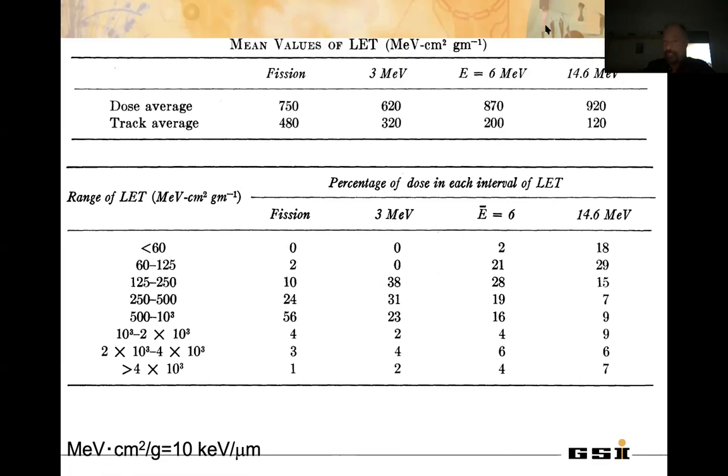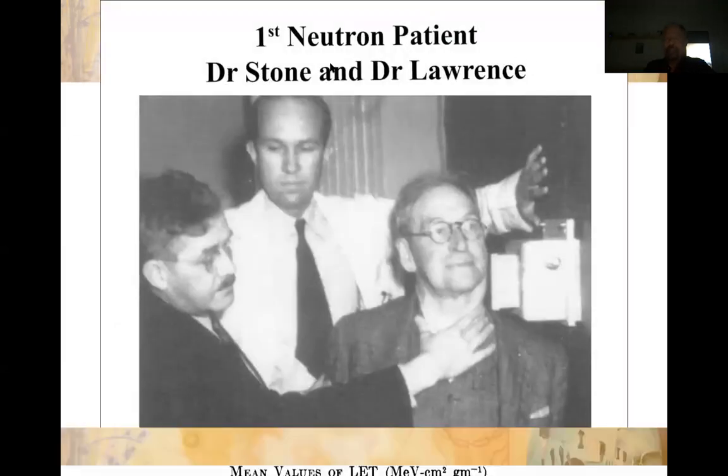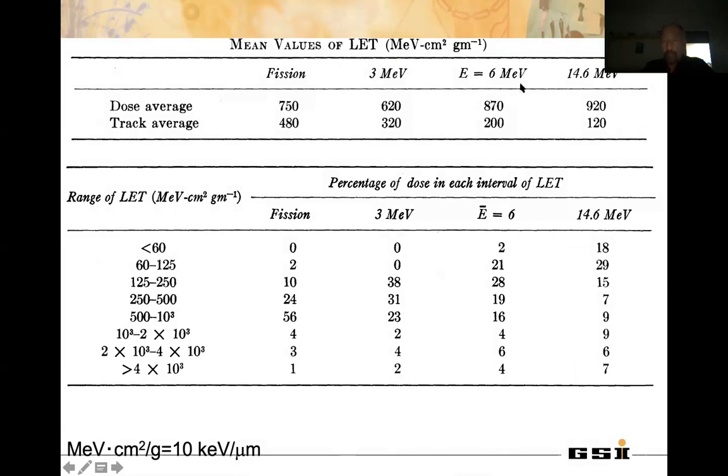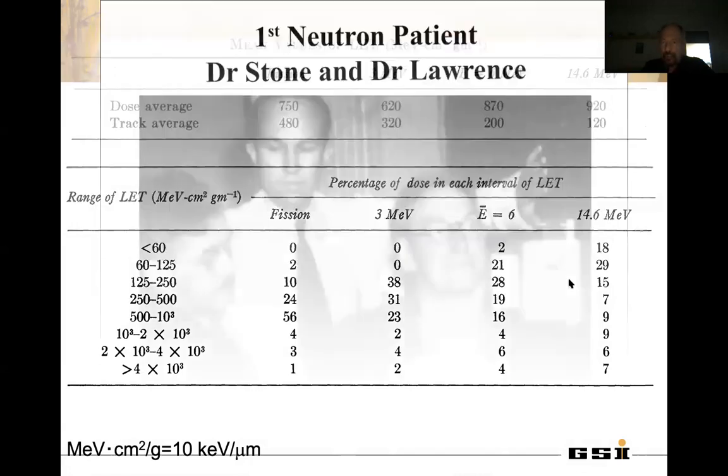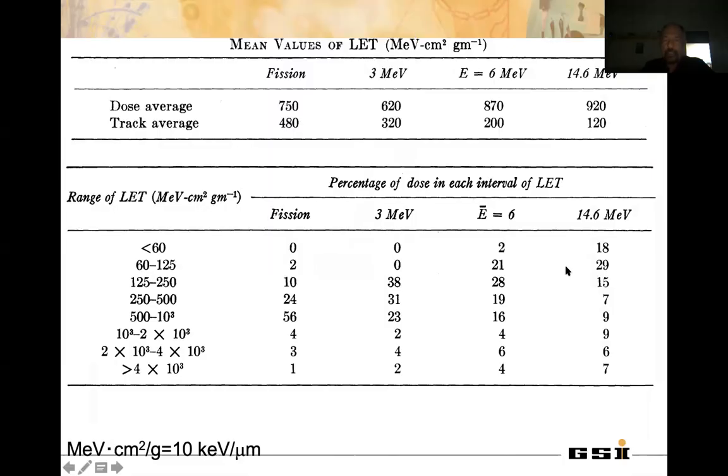The unit here, make no mistake, is MeV per gram per square centimeter. So this means 750 really means 75. But you see, it's a fairly high LET.